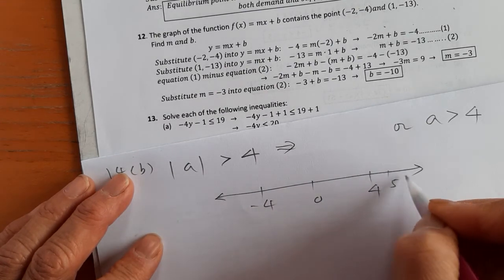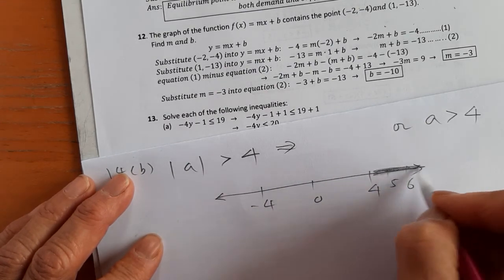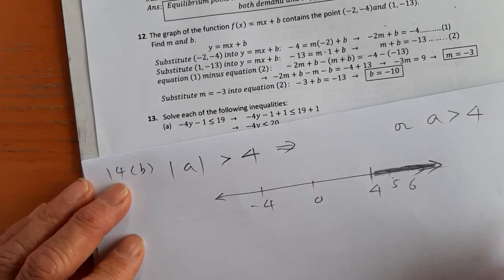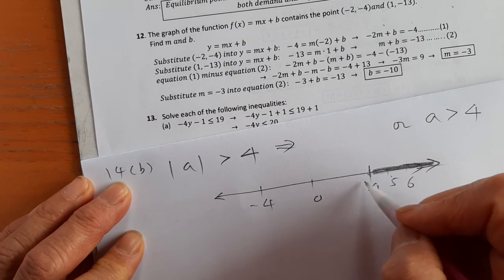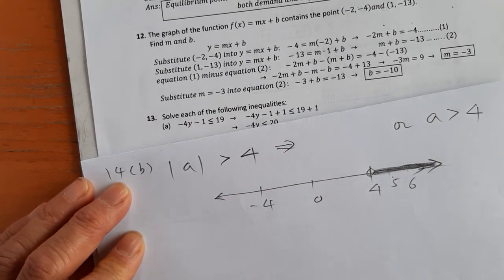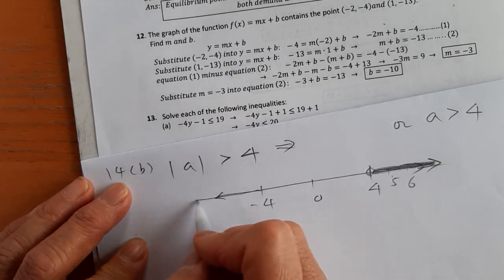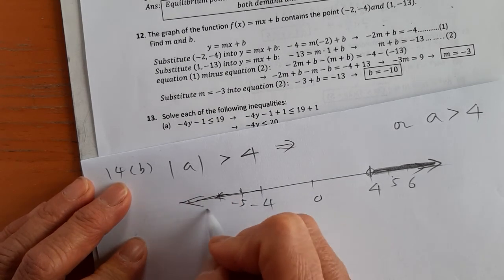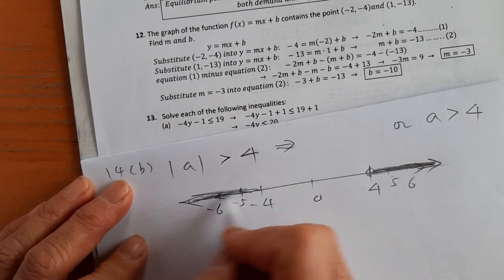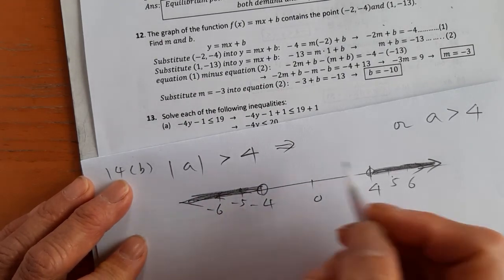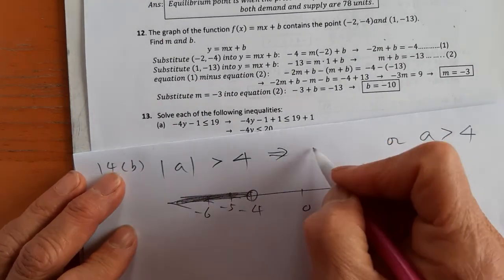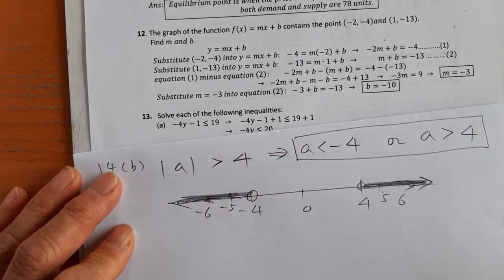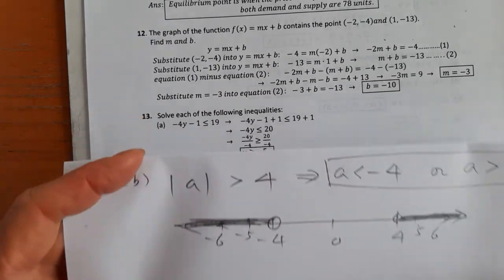All the numbers greater than 4, take absolute value is still greater than 4, like 5, absolute value of 5 is 5, 6, absolute value of 6 is also 6, they are greater than 4. But the other side also, like -4, -5, -6, those negative numbers, you take absolute value, they become positive, greater than 4. So the other side is a less than -4. So that's the solution. B.